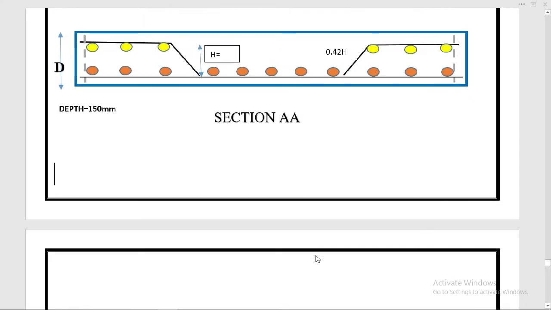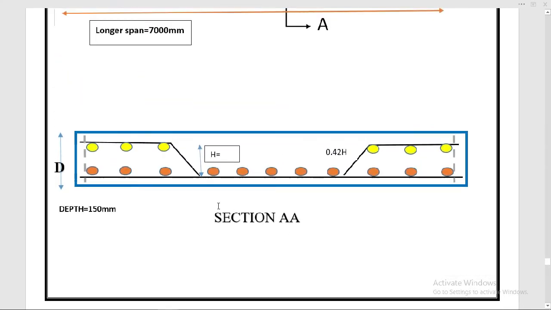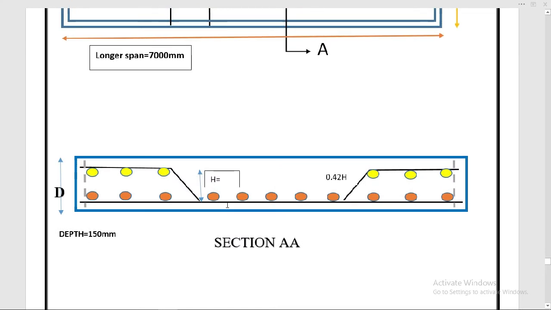This is the section of the slab, section AA. In this section you can see these dotted bars with brown color are the distribution bars, and these bars which are bending here at 45 degree angle are main bars.